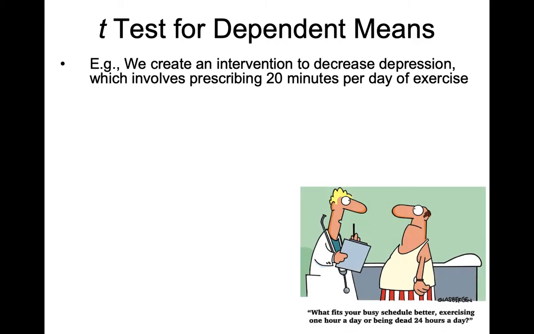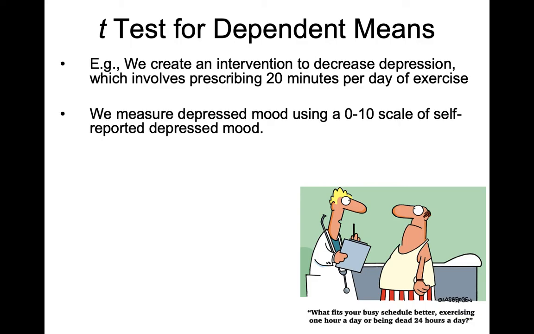So let's do a concrete example to illustrate this test. So let's just say, for example, we're researchers that create an intervention to decrease depression, and we do this by prescribing 20 minutes of exercise per day. We measure depressed mood using a 0 to 10 scale for self-reported depressed mood, where small numbers mean less depression and higher numbers mean more depression.